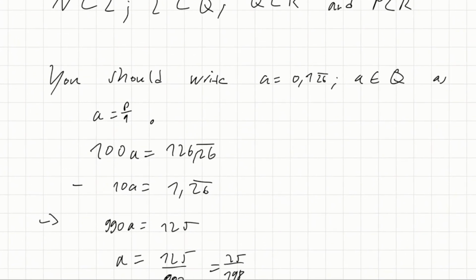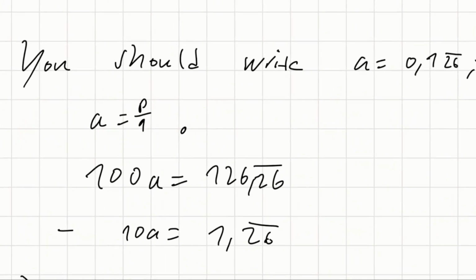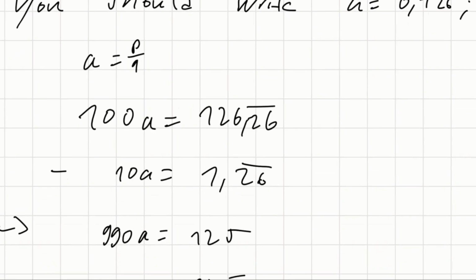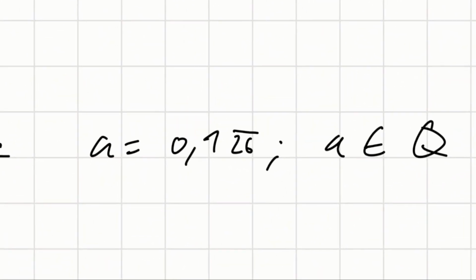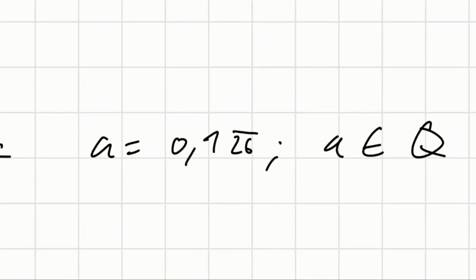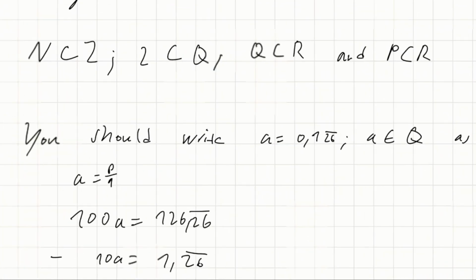So let's have a look again at the rational numbers. We already said A is defined as an integer divided by an integer. So let's say you write A equals 0.1 with a periodic 26.